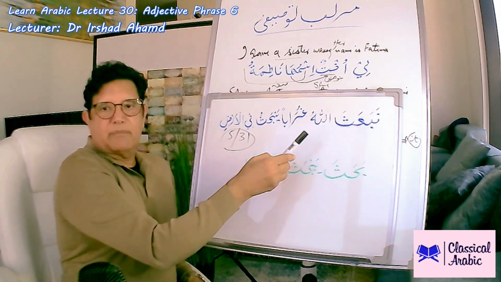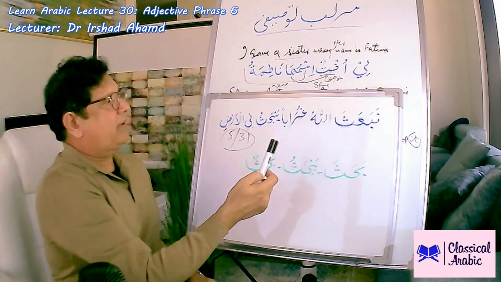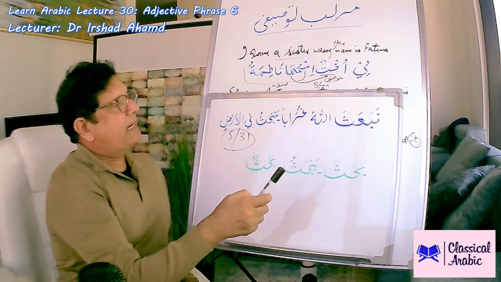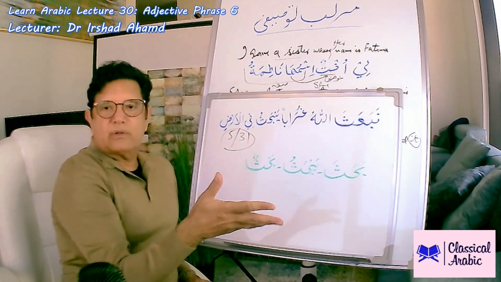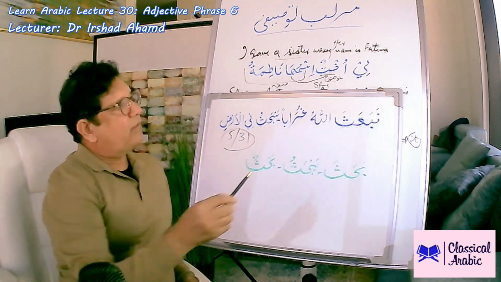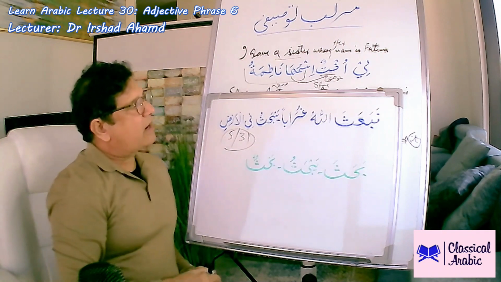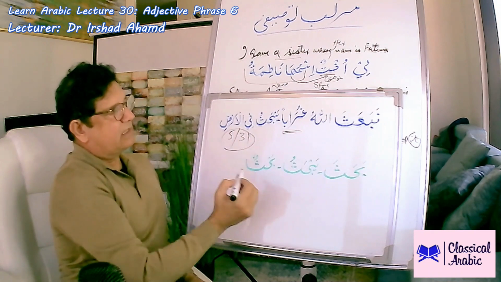In the story of Habil and Qabil, when one brother killed the other one, and that was the first killing on this planet, Qabil did not know what to do with the body of his brother. So faba'asallahu, Allah sent ghurabaan, a crow, indefinite, a crow, yabhasu fil ardi.